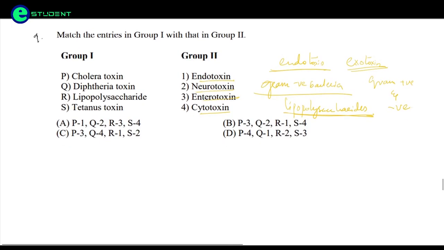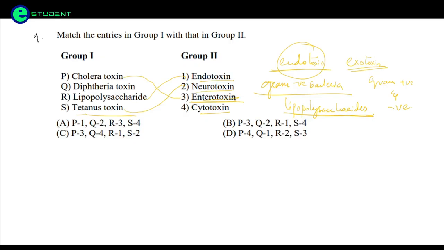So lipopolysaccharides, we know, are endotoxins. Tetanus toxin is a neurotoxin, and cholera toxin is an enterotoxin. Enterotoxins are associated with the intestinal cells; they affect the intestinal cells.